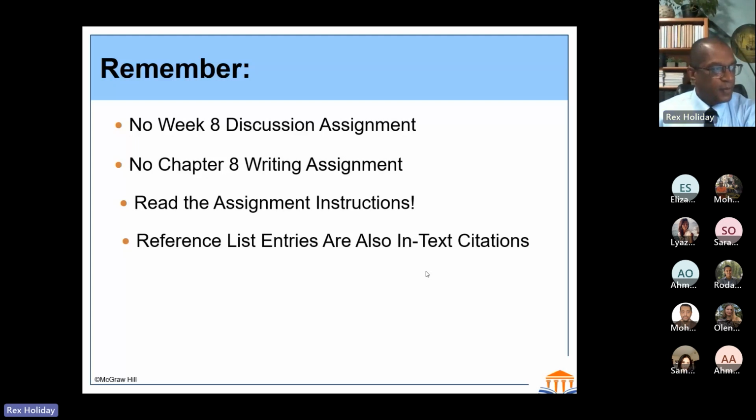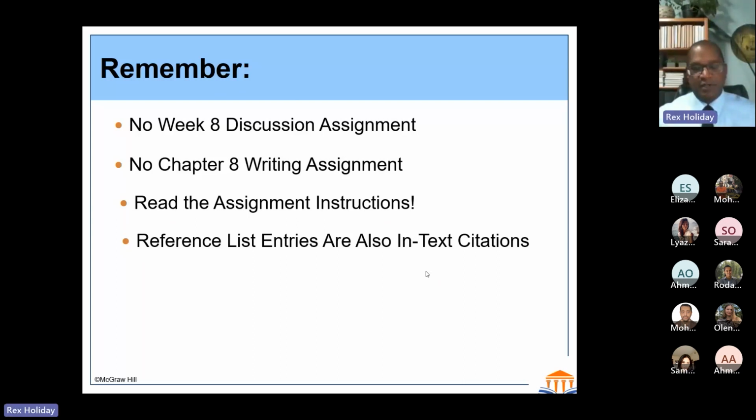Also, make sure you read the assignment instructions. I've noticed that some of you are putting in a lot of work on your paper, but you're not responding to any of the assignment requirements. So, for instance, if there were some questions that you needed to include in your paper, they're not there. So just be careful about that.